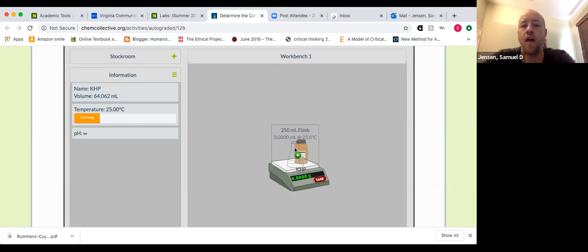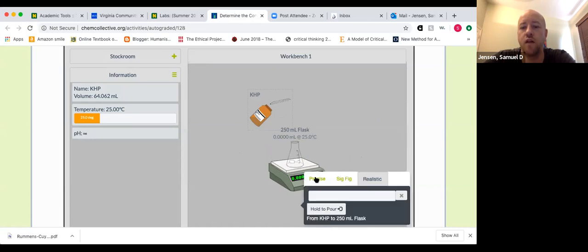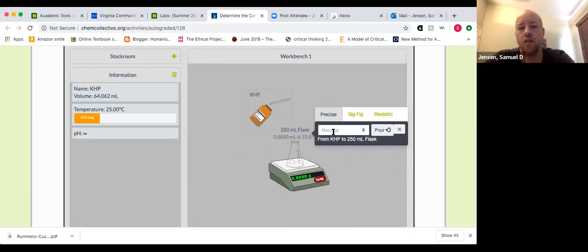And then we want to add KHP to that. Now again, there are various ways of doing this, whether we do this via sig figs or realistic, and you're holding down to pour, but that can be a little bit difficult. So in this case, probably realistic. If we were doing this in the lab, it would not come out to 3.00, and maybe you don't use exactly 3.00.